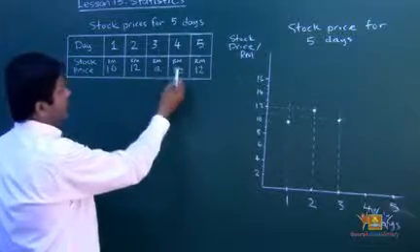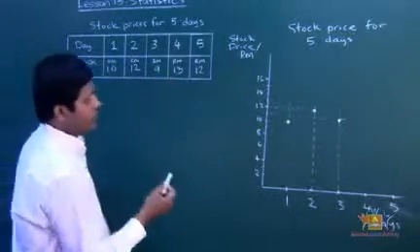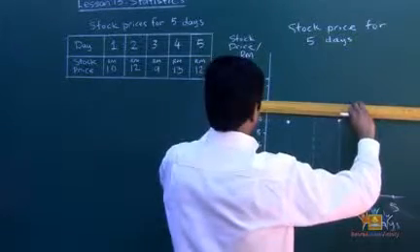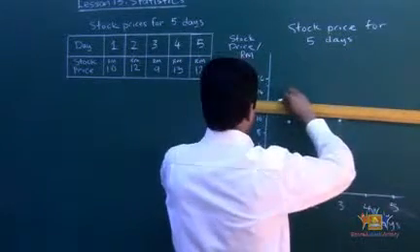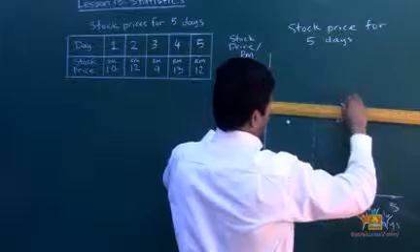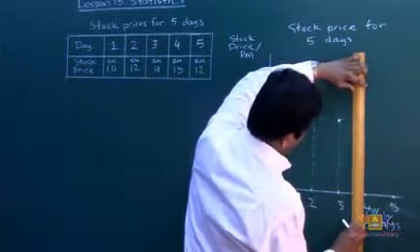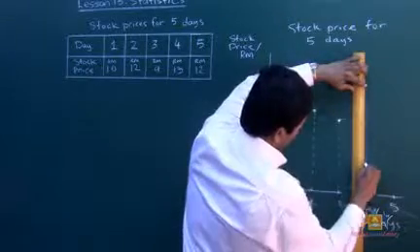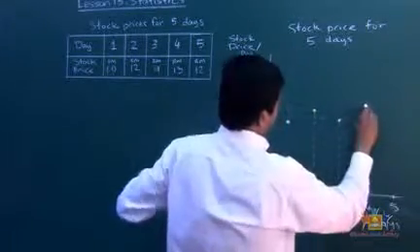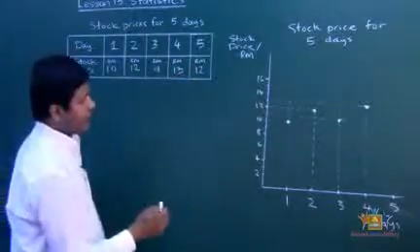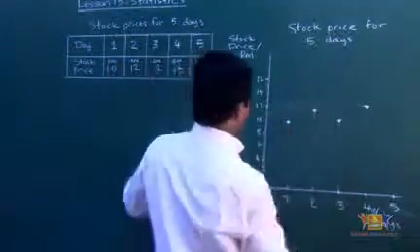9 ringgits. Then day 4 is 13 ringgits. So 13 ringgit is right there. We're going to create a construction line right there, and then another construction line shooting up vertically from day 4. Okay, right there. And then day 5 is 12 ringgit. So 12 ringgit is right there.